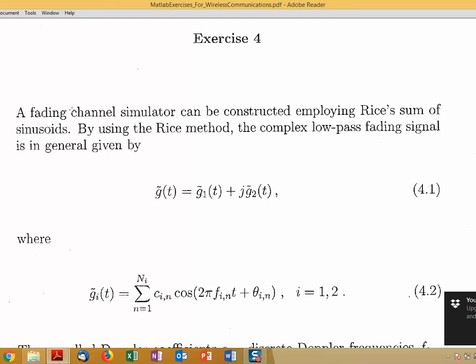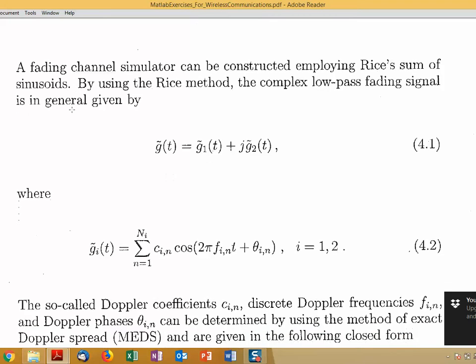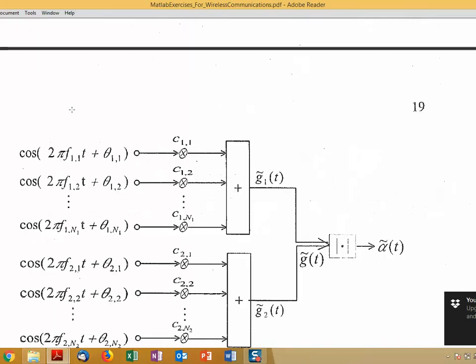I explain it for you very briefly, so you need to read it at home.